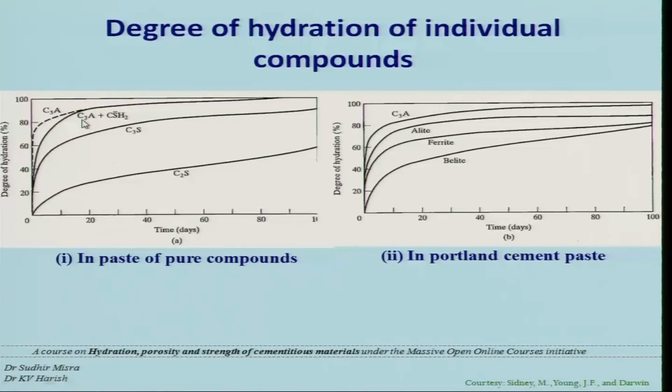Likewise C3A and C3A here will not be similar, primarily because this contains impurities, but the trends will be similar. That is very important, which means compared to the C3A, the rate of hydration or degree of hydration of C3S and C2S are lower. The same thing is reflected here also. Compared to C3A, the alite and belite rates of hydration are lower.